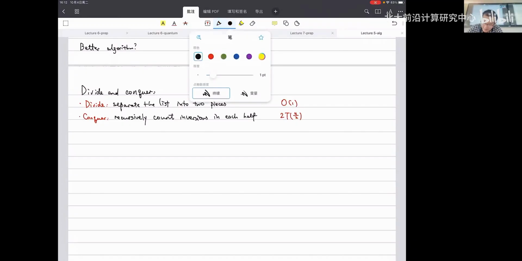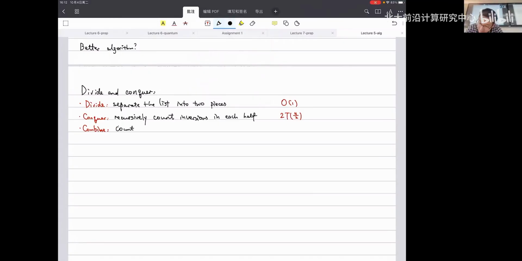Okay, so the remaining thing that we need to be specifically careful about is the combine part. For this combine part, we need to count inversions where A_i and A_j are in different halves.